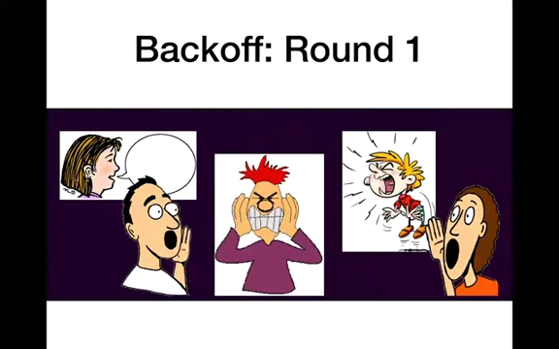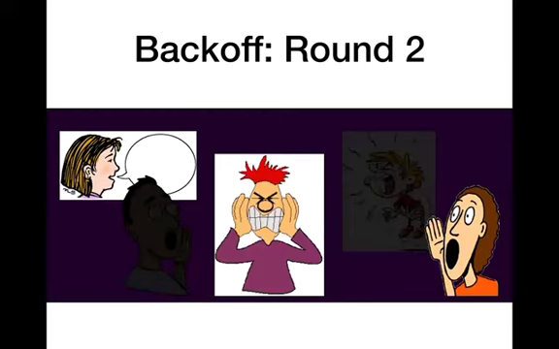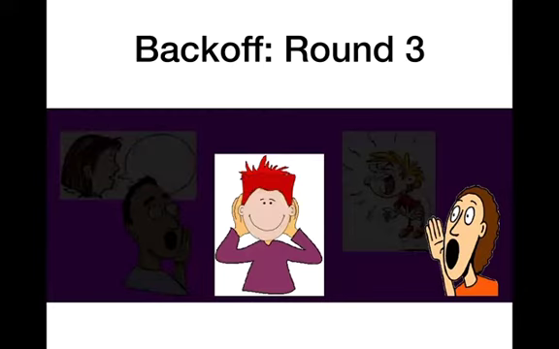Okay, so here's a little demonstration of backoff. Round one, everybody's shouting. Node at the center can't hear. Round two, half of them have dropped out. Round three, half of them have dropped out, and it happens that only one sender is left, and now the node at the center can hear.